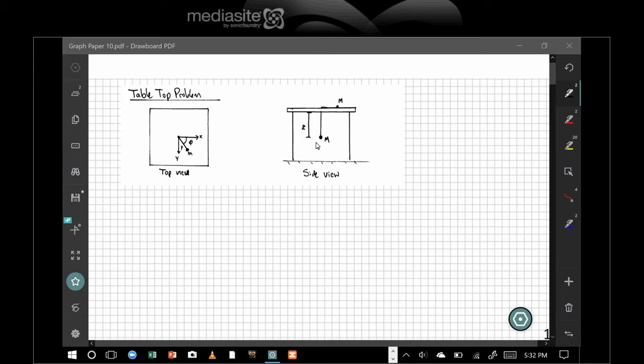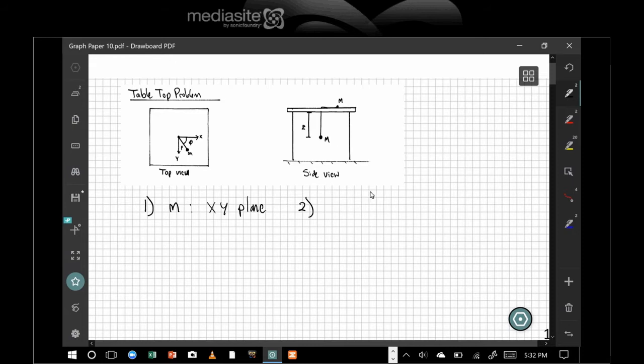So let's write down the equations of constraint for this particular system. One equation of constraint is that the mass little m moves only in the xy plane. Second, notice I have here distance rho, and then I have a distance z.